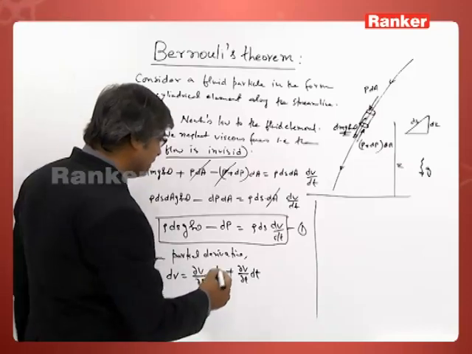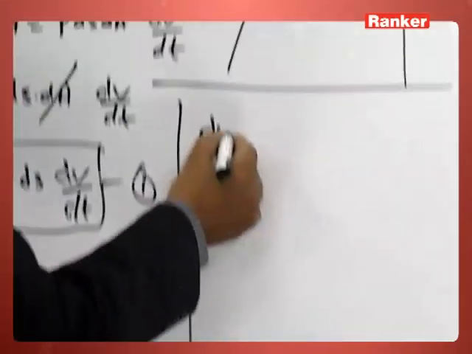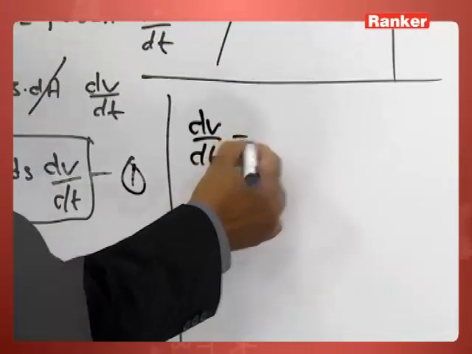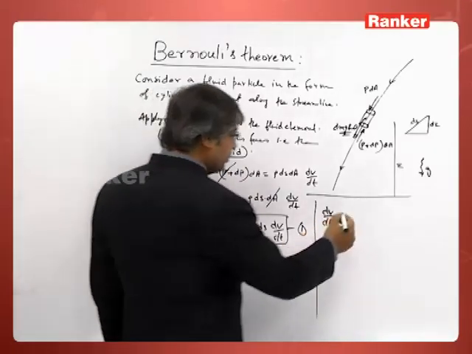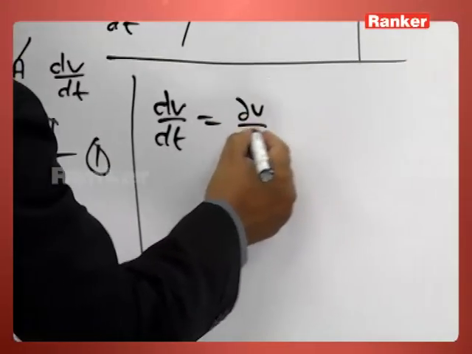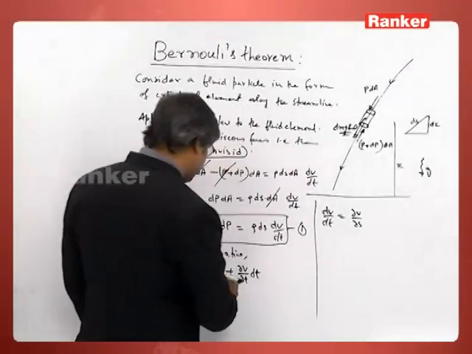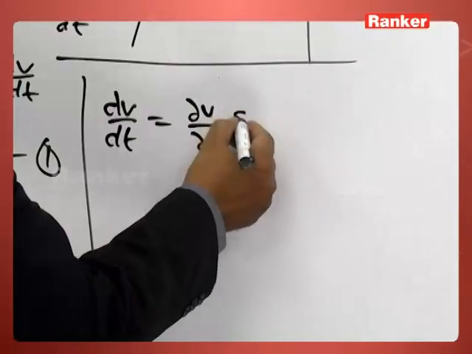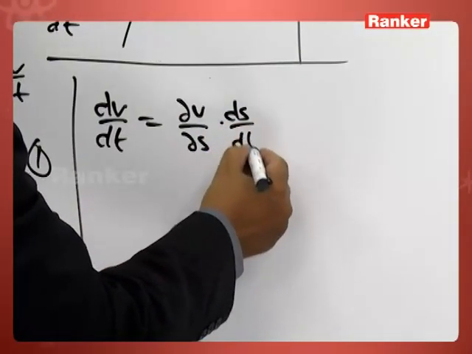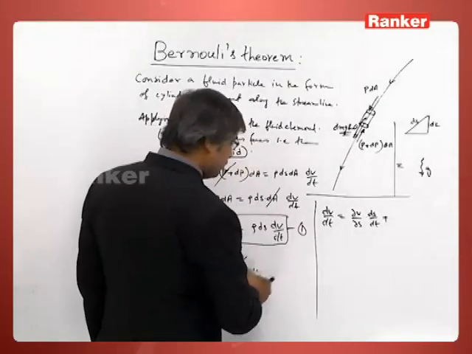I want dv by dt, so dv by dt will be equal to dou v by dou s into ds by dt plus dou v by dou t.